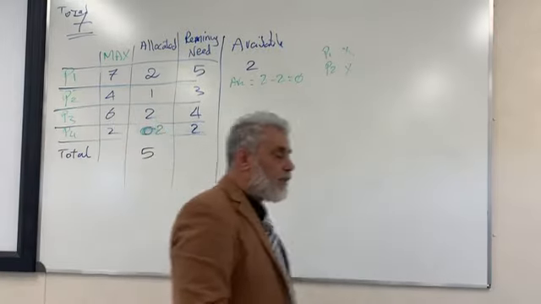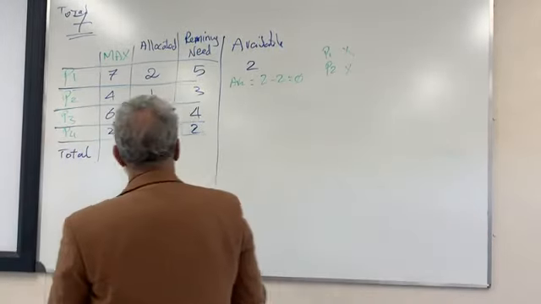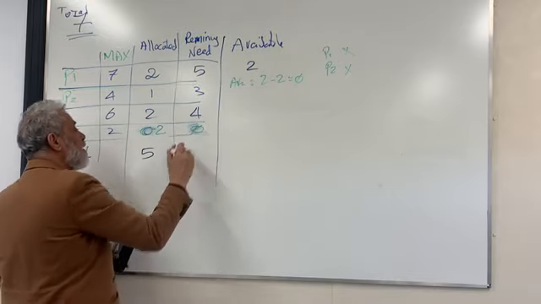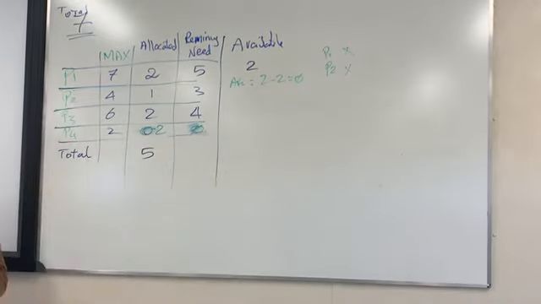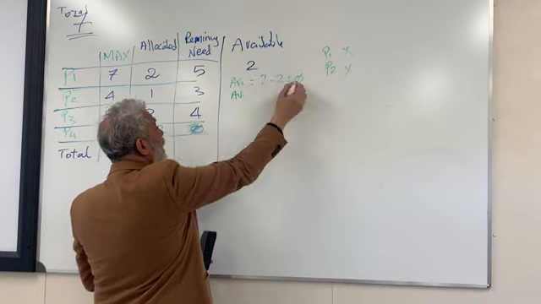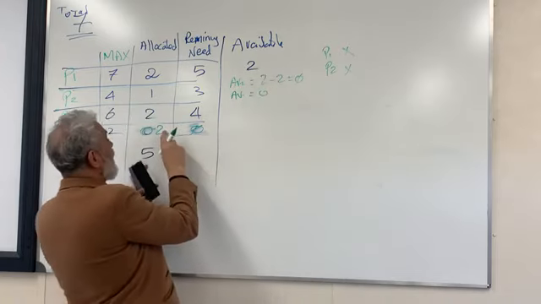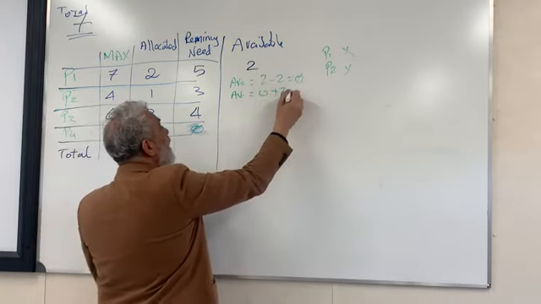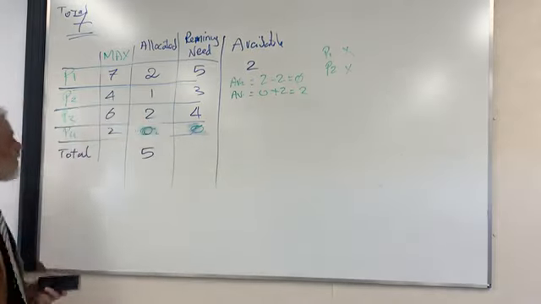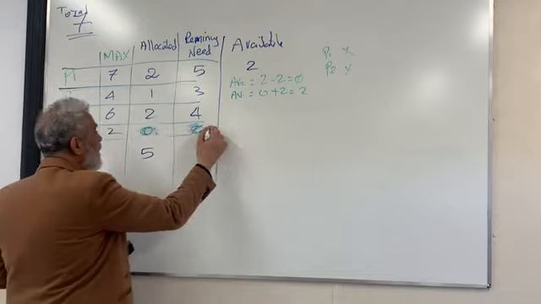We've allocated the 2 to this one. It needs 2. Let's give it the 2, and it no longer needs anything else. So this one will finish. And when it finishes, it will return its resources. The available is now 0, but when it finishes, it will give us the 2, and now we'll have 2 again. So process number 4 is gone.